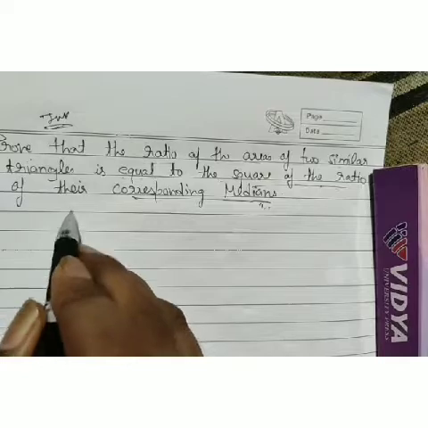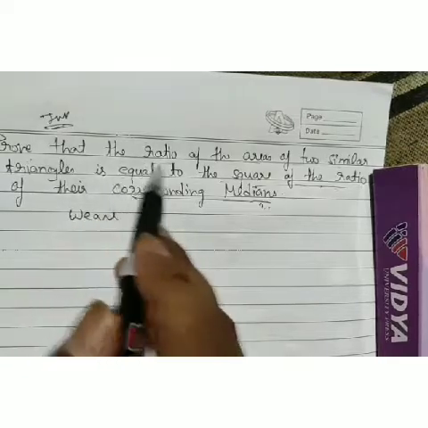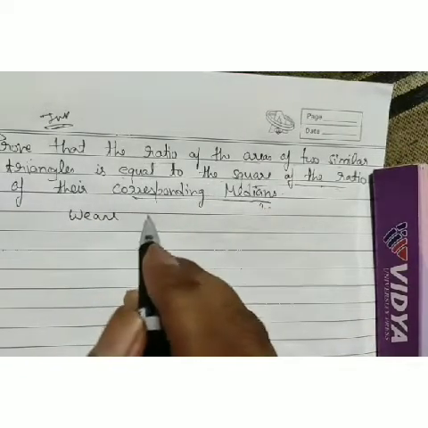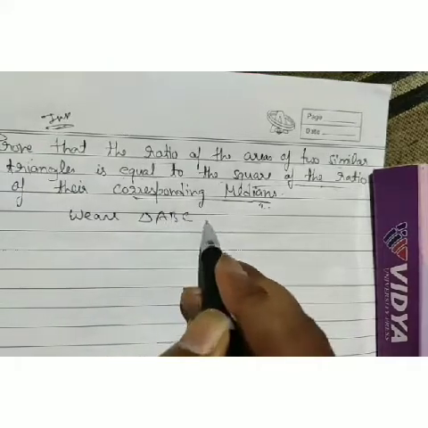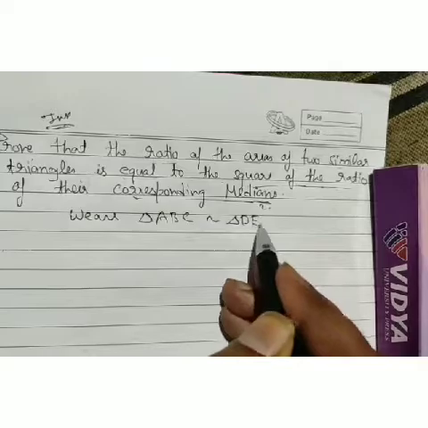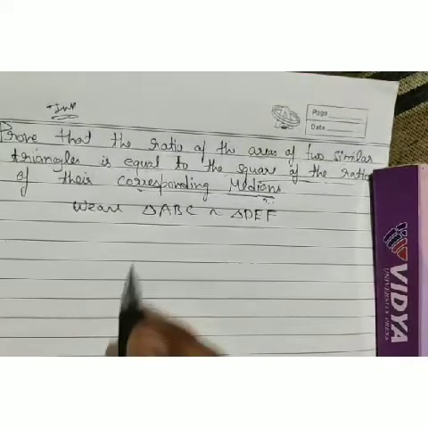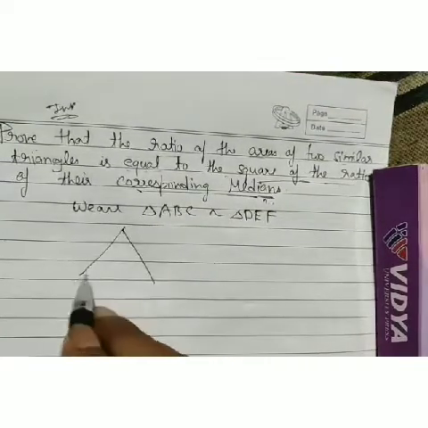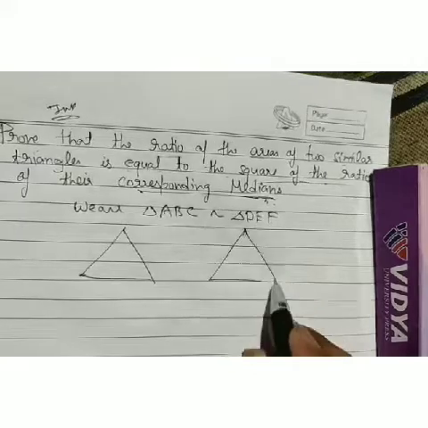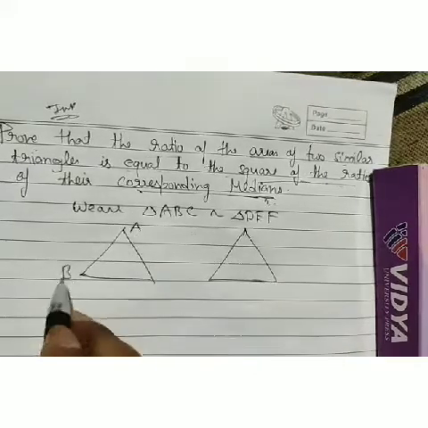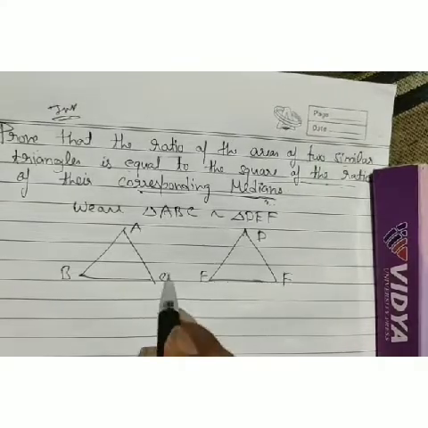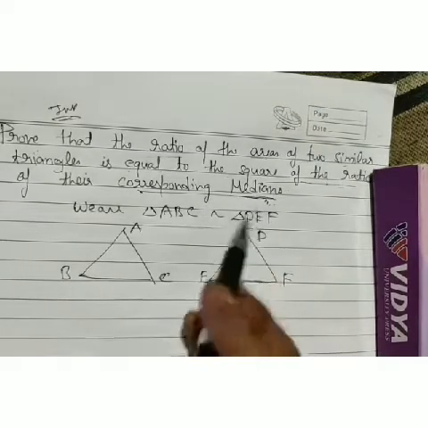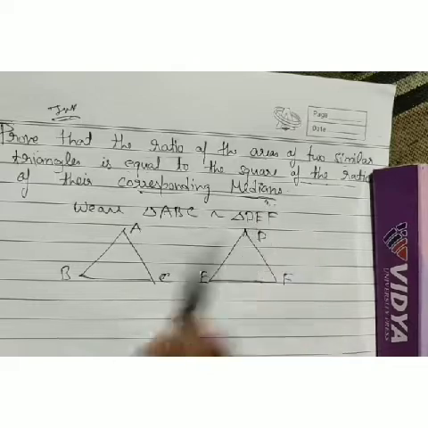What are we given? We are given two similar triangles. We take triangle ABC similar to triangle DEF. Draw the two triangles ABC and DEF. Since we need medians, we have to draw two medians.